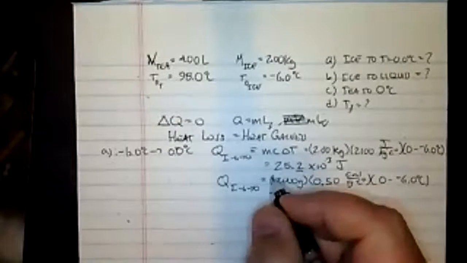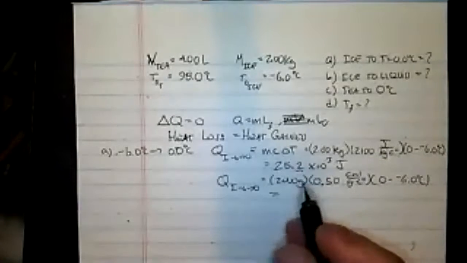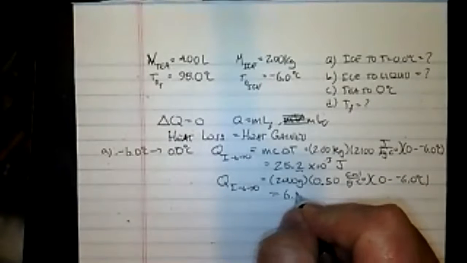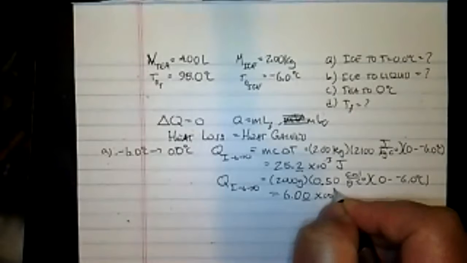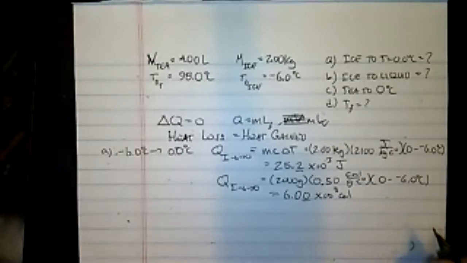Multiplying it out, 2,000 times 0.5 times 6. That gives me 6,000. I'll make sure I did that right because for some reason I was getting a different figure earlier. Okay, so that's basically 6,000. 6.00 times 10 to the third calories is the right answer.